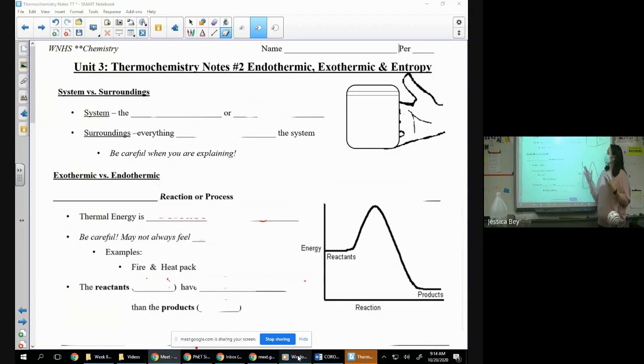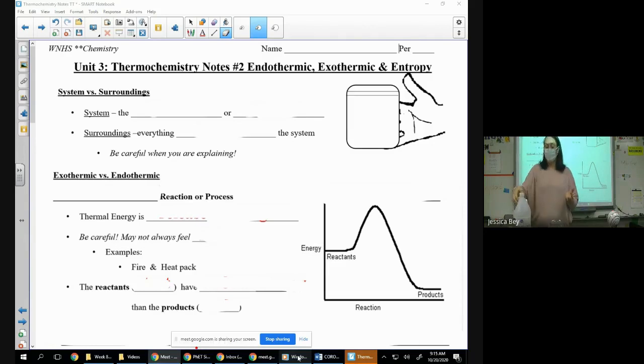All right, so the first thing we have to define is what's called the system and what's called the surroundings. I'm going to do a little chemistry experiment up here. I'm going to take some baking soda and vinegar. What happens when you put baking soda and vinegar together? We make bubbles, correct?